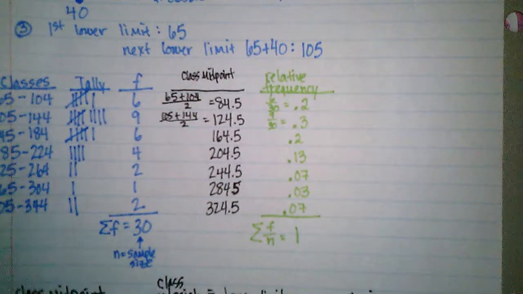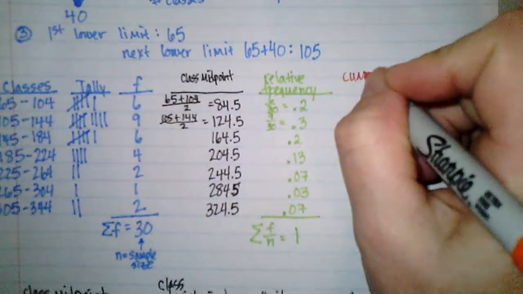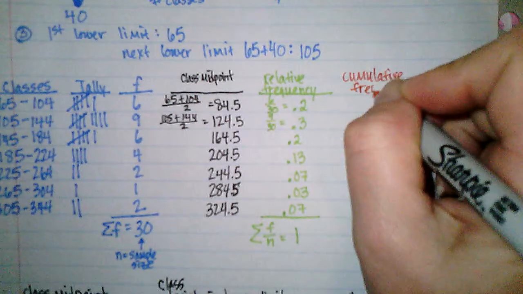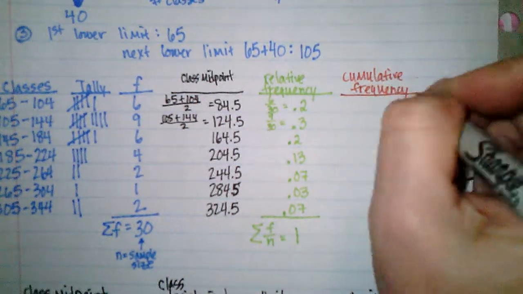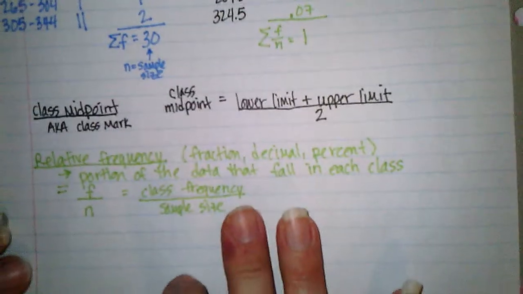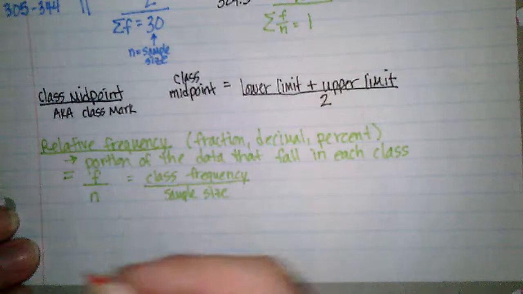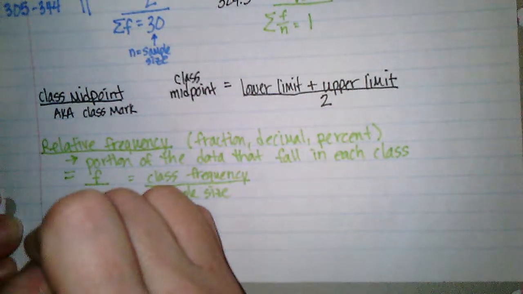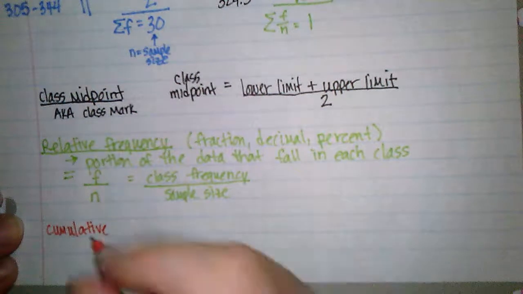Then we have something that's called cumulative frequency. Cumulative means you keep track of it all along the way. It's kind of similar to your cumulative GPA. It's everything from this year and down below it.